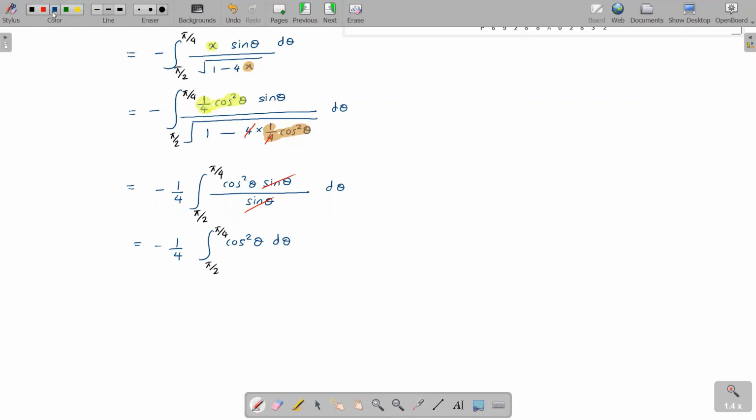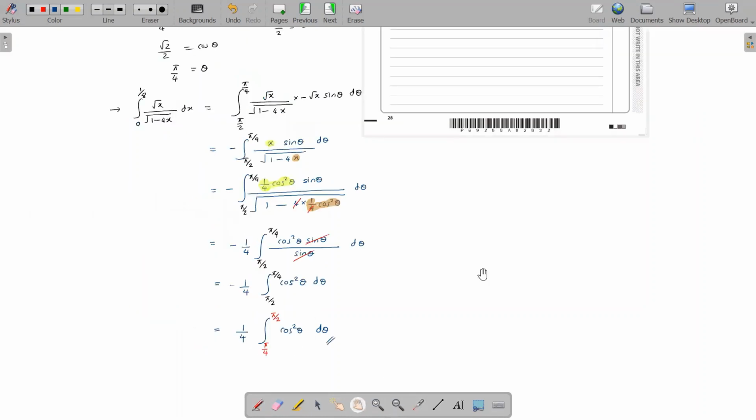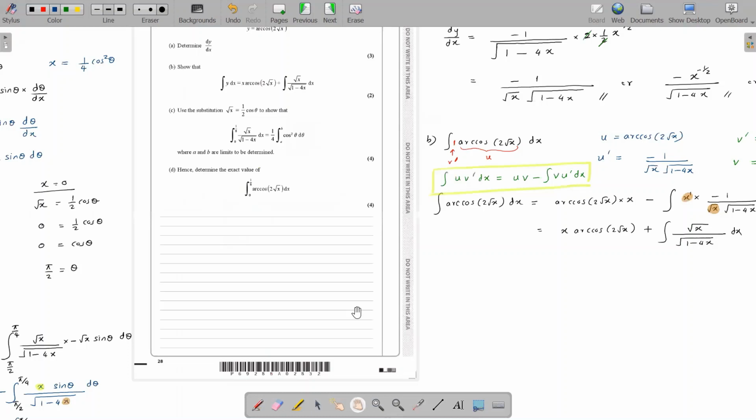You're aware of this. This is something you know in P2 also. So I will switch the limits and negative becomes positive. Clearly pi over 4 comes down and pi over 2 goes up. When I switch the limits, the negative sign outside is used up, and thereby I get the show that. So this is what we were supposed to get. Am I correct? Yes. So we have the A and B values.